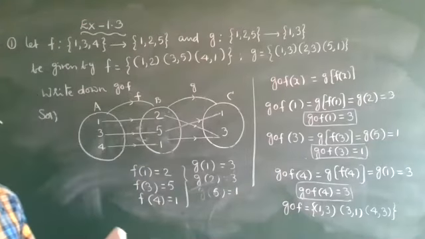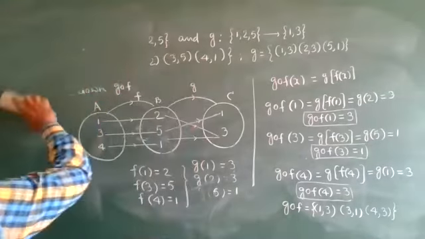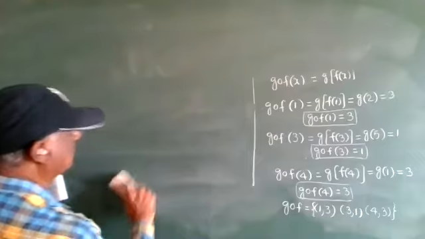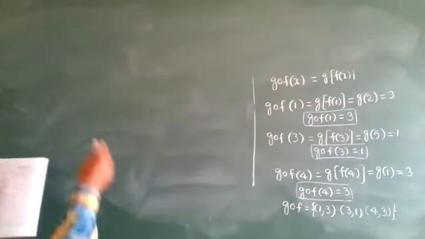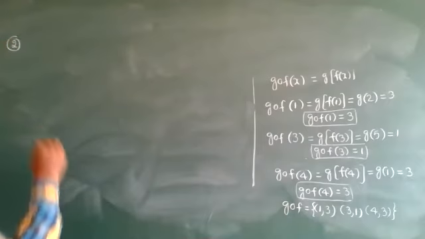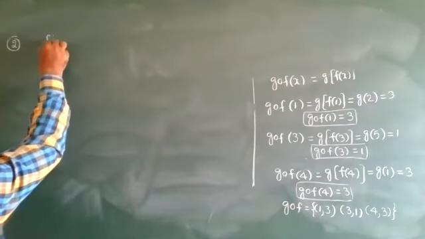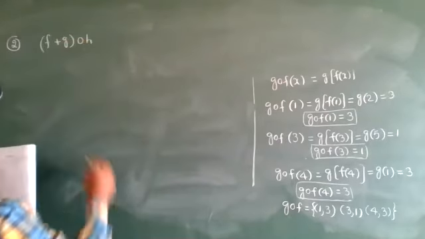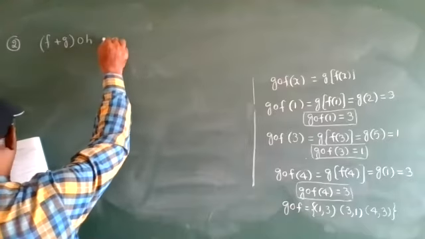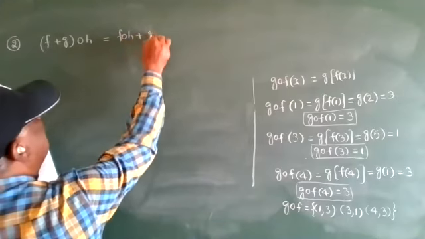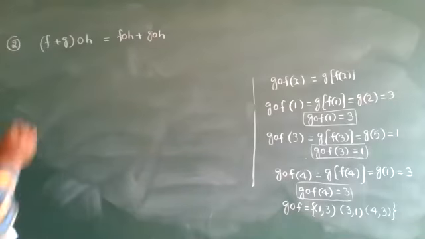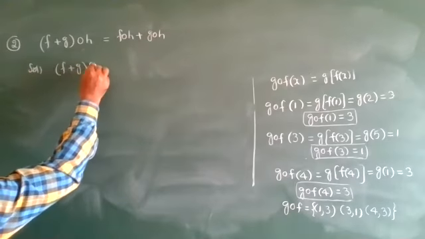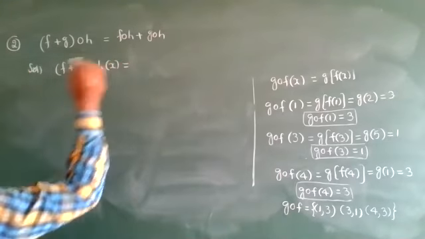Second problem is next. Everyone see. F, G, H are functions from R to R. We have to show that (F plus G) circle H equals F circle H plus G circle H. Solution of this one: since (F plus G) circle H is there, its domain is needed.